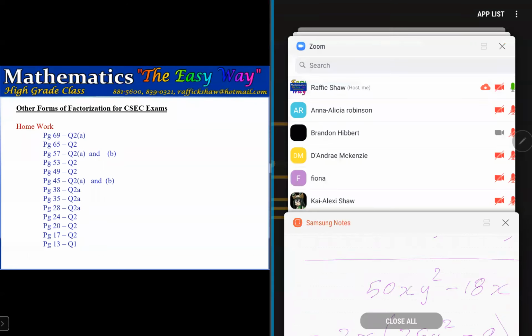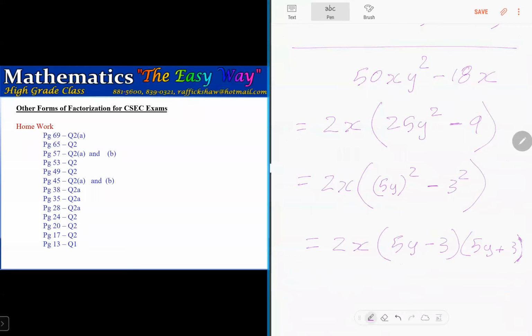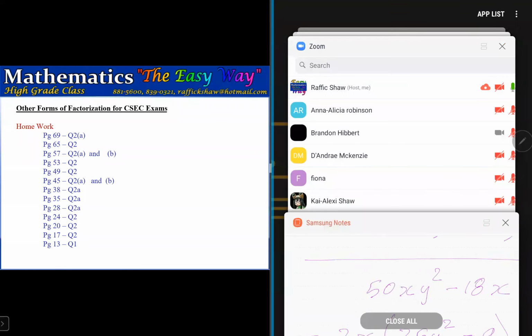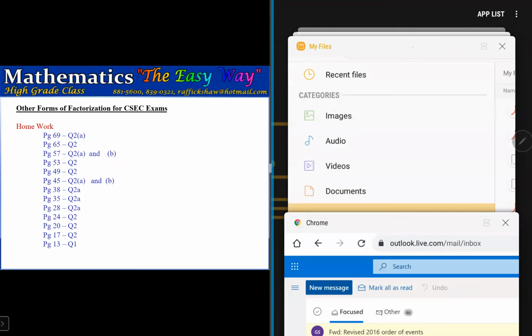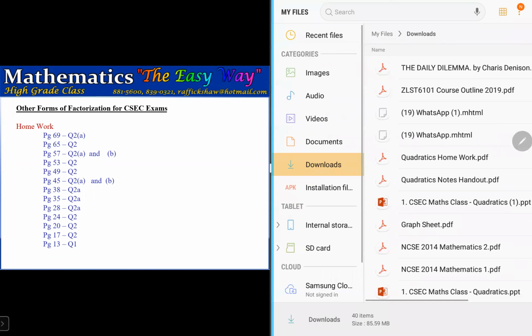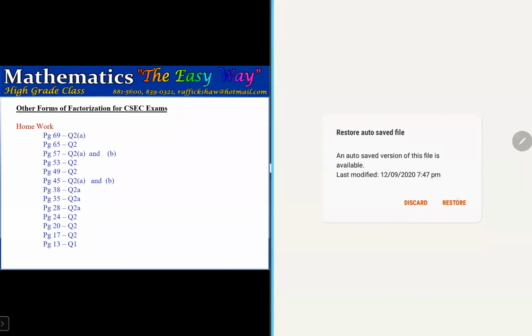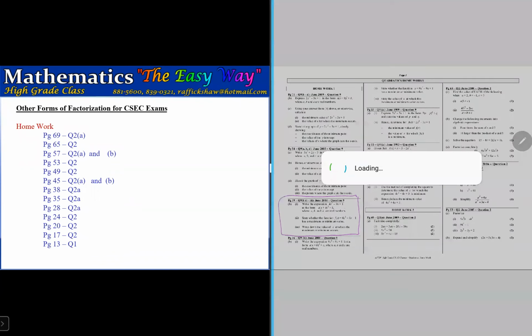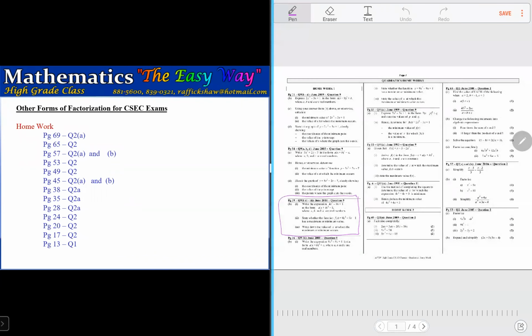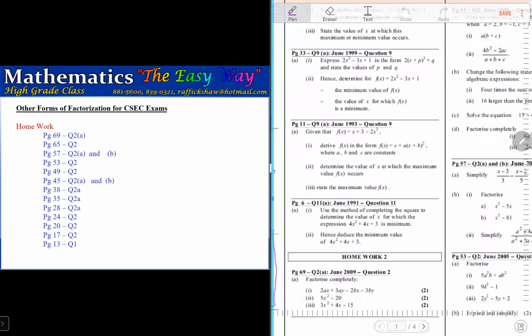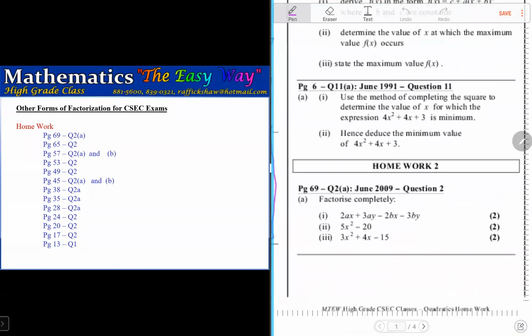Let's put it on this side. All right, so that's homework number 2, guys.